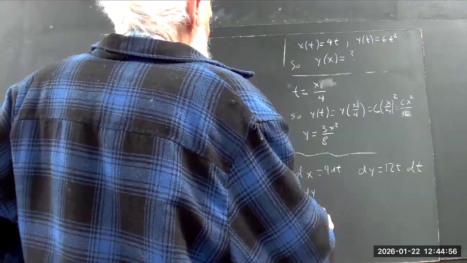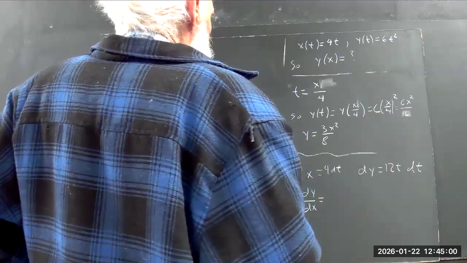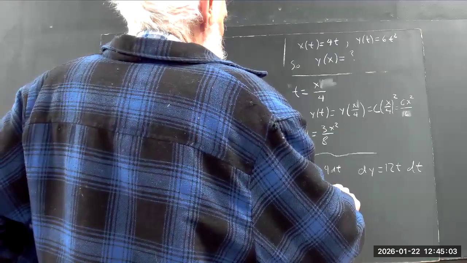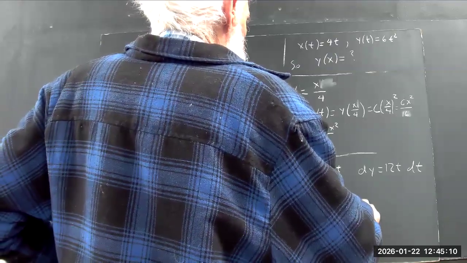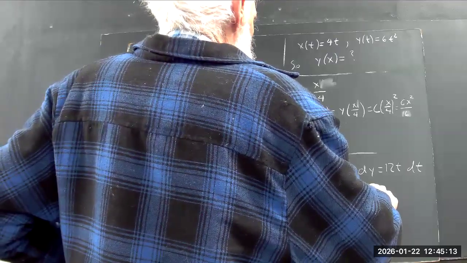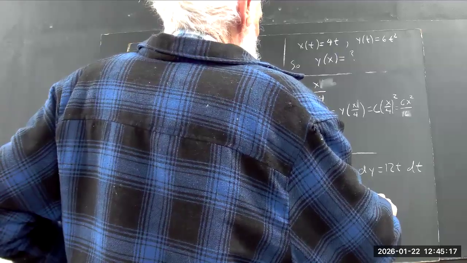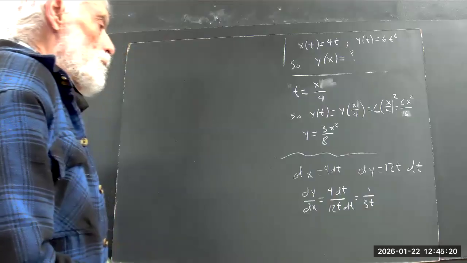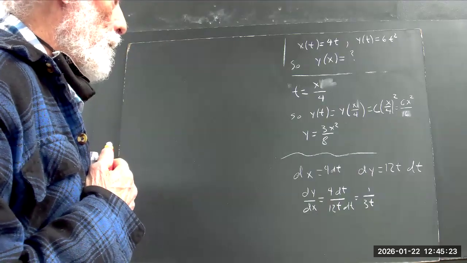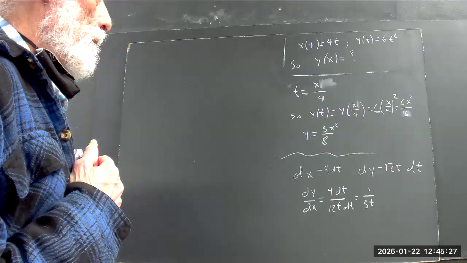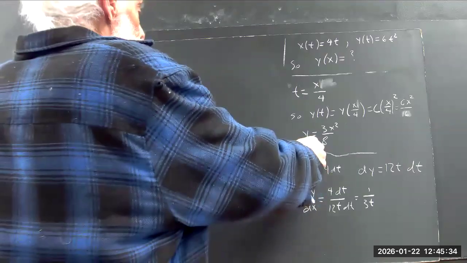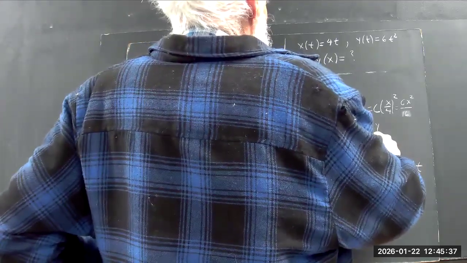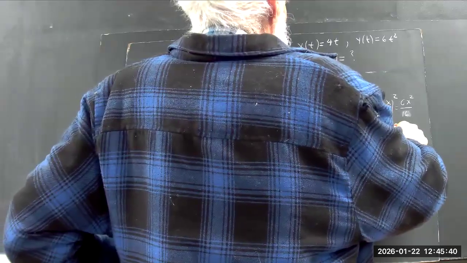So that dy over dx equals 4 dt over 12t dt, which is 1 over 3t. Now here we find that dy dx is 3/4 x.